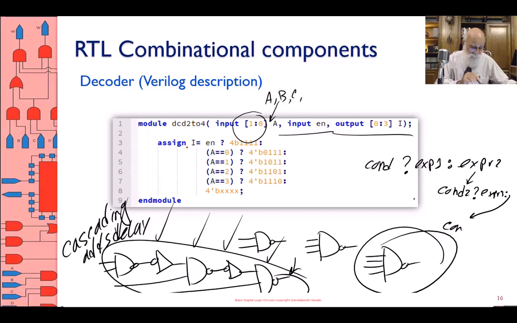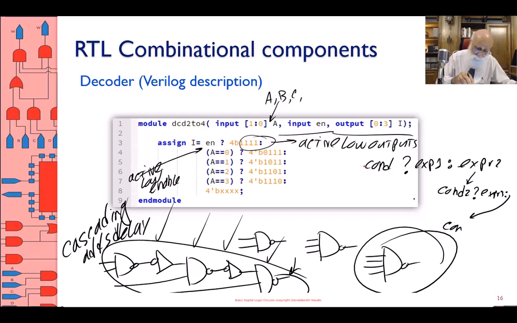Assign I is, if enable is 1, my output becomes 1, 1, 1, 1. This means that this is an active low enable. That means enable high is inactive. Outputs are 4 ones. That means these are also active low.